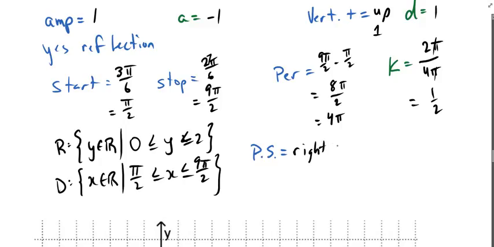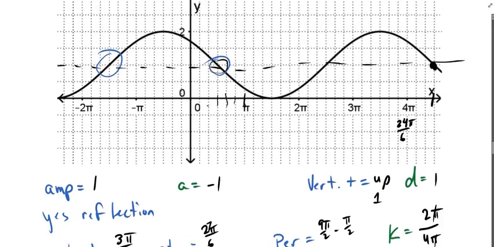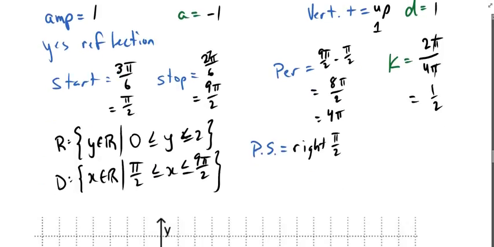So my phase shift is pi by 2, right? Which means C is pi by 2, which means it's going to be x minus pi by 2.